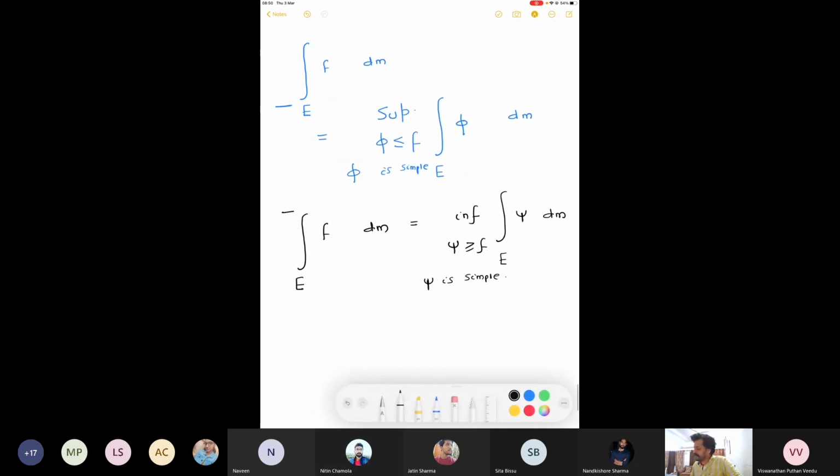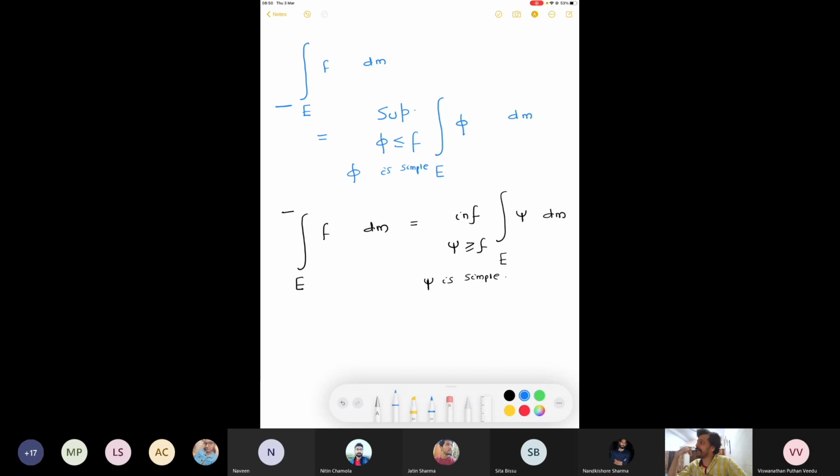Yes. Now, again, I will ask you to recall Riemann integration. So you have defined the upper Riemann integral and the lower Riemann integral. Now, what did you do there? One is like approximating from inside, and the other is like approximating from outside. Which approximation you should take is a question.